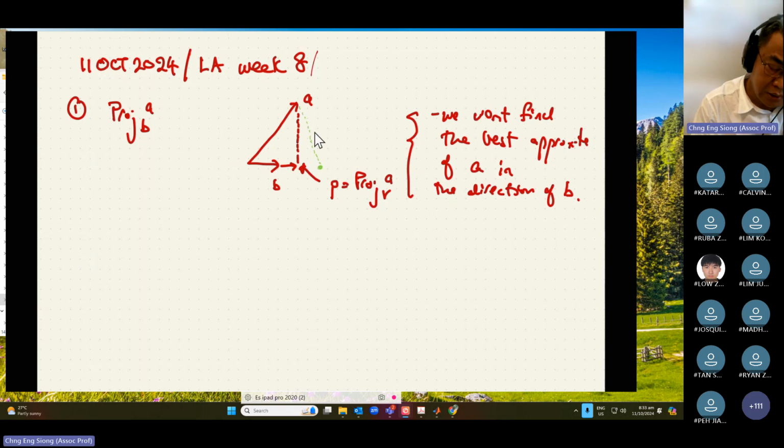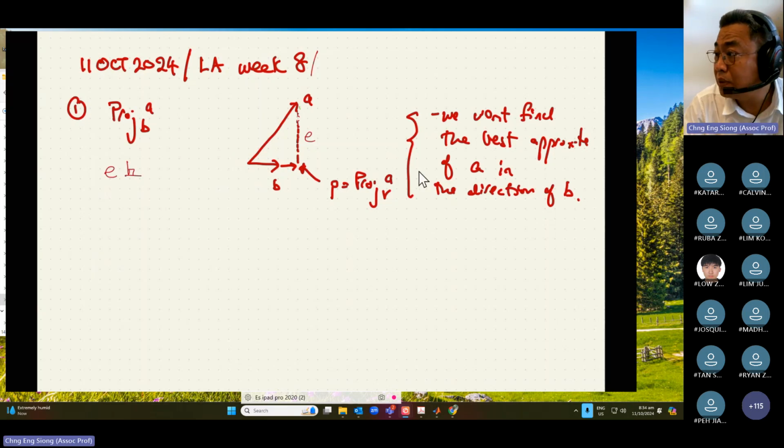So the natural idea is that we want the error to be minimal. The best way is that the error is orthogonal to what? Can someone type something? Yes, the error is going to be orthogonal to B, because you see, the error vector here and the B vector form a right-angle triangle.